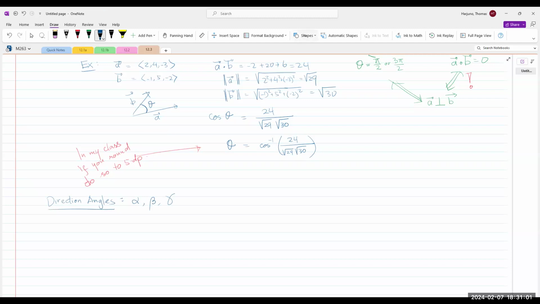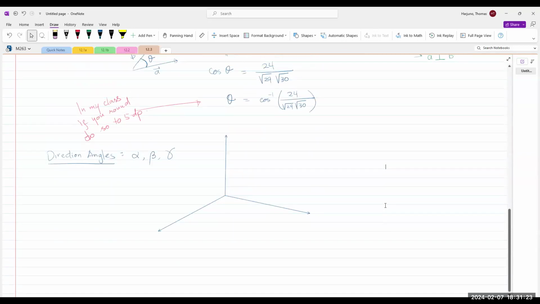Now suppose we have that three-dimensional coordinate system. Of course, they are perpendicular to each other, right?